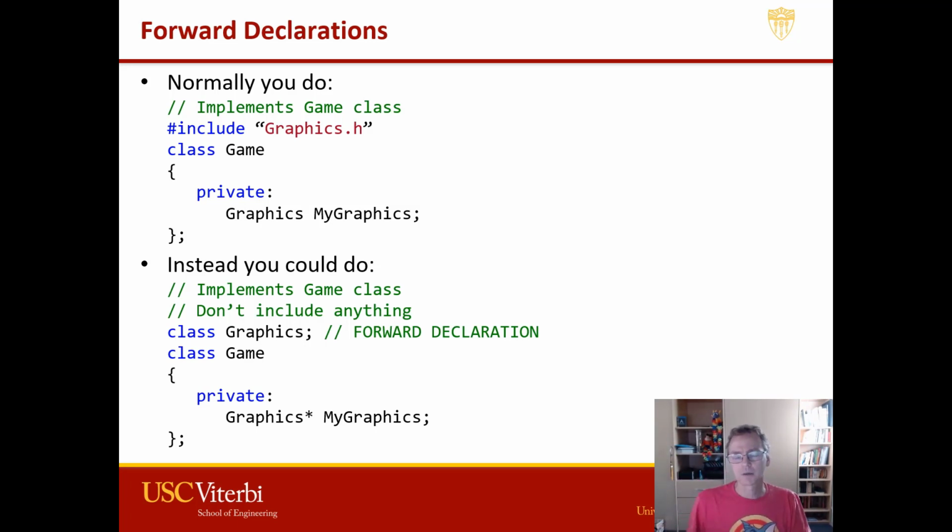Usually not, but the other thing it really saves you from is the problem that graphics class may have a reference back to game. If graphics references game and game references graphics, you've got a circular include. Somebody's going to need a forward declaration. One of those has to be a forward declaration, or you just cannot compile that.